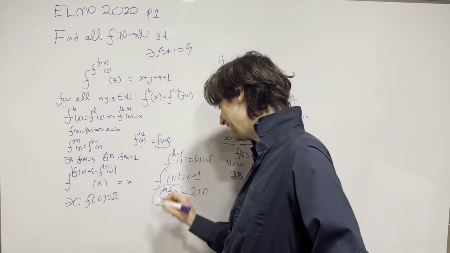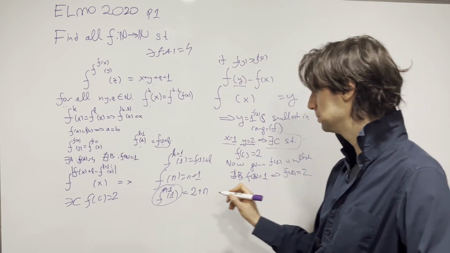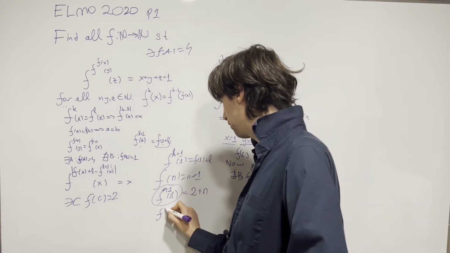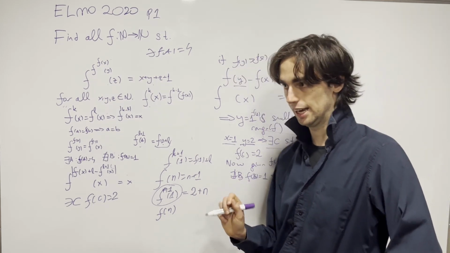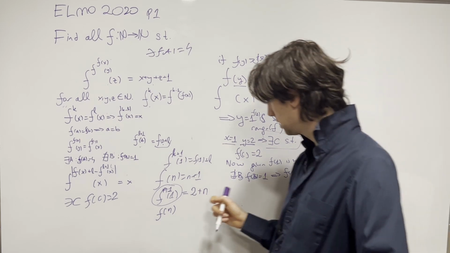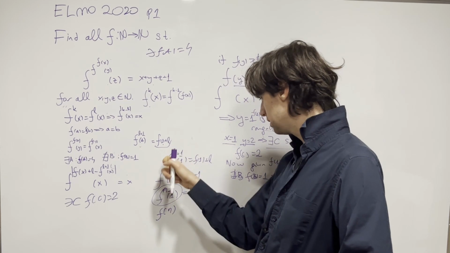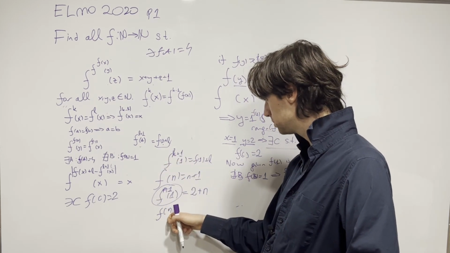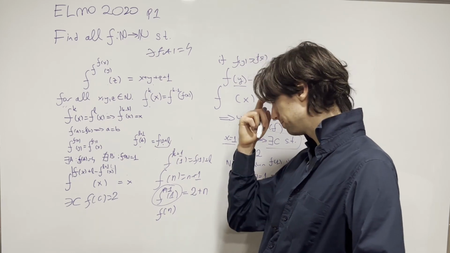And then here, f of n plus 1, 1 applied n plus 1 times, is going to give us f of n after we applied n times. Wait a second. After we applied n plus 1 here, if I applied n times, what am I getting?